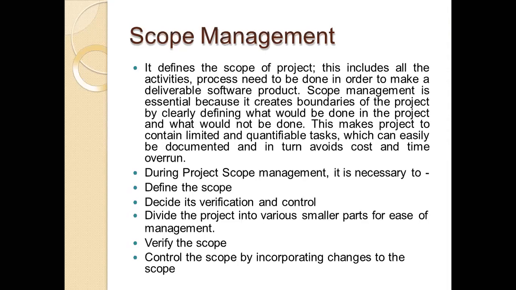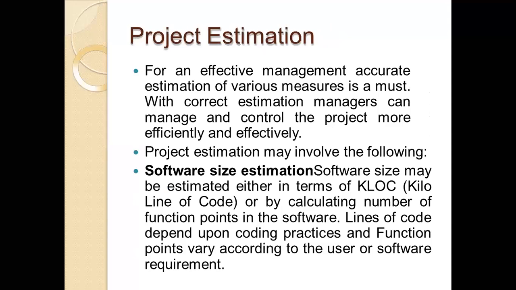During project scope management, it is necessary to define the scope, decide its verification and control, and divide the project into various smaller parts for ease of management. Verify the scope in the documentation. Control the scope by incorporating changes into the scope.